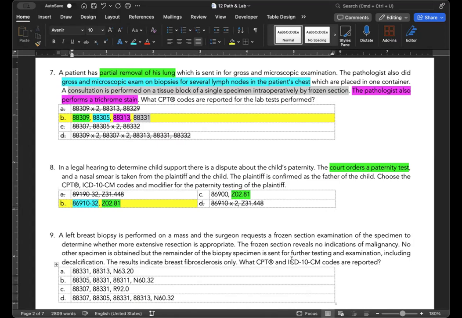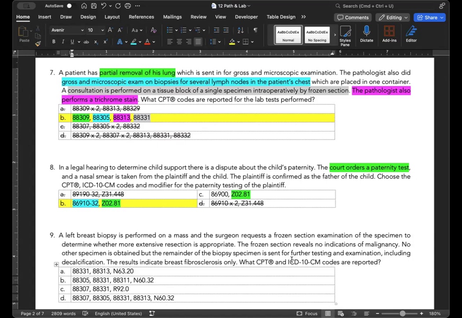Because the 89190 is a nasal. Hang on, let's look. 89190. My eyes and my ears and my fingers are not wanting to cooperate. So yes, 89190 is a nasal test, but it's for eosinophils, right?